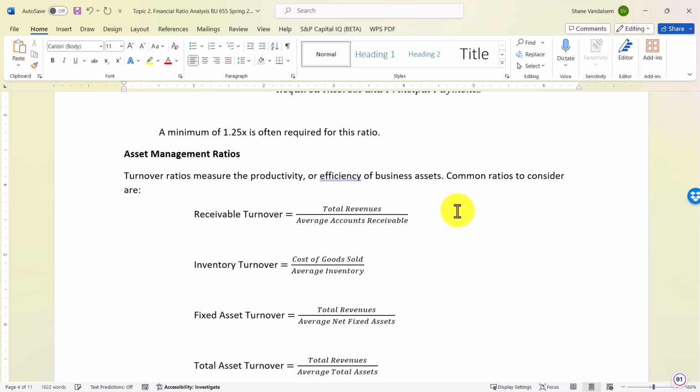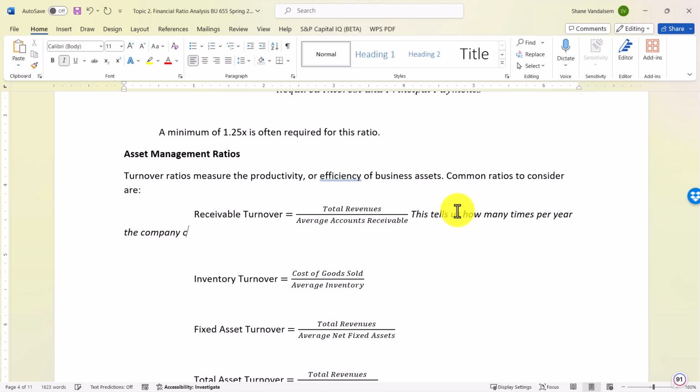We calculate the first one as total revenues divided by the average accounts receivable. This first number tells us how many times per year the company collects its receivables. So accounts receivable for a firm represent money owed to the firm from the customers of the firm.